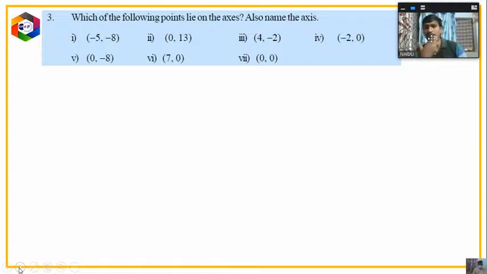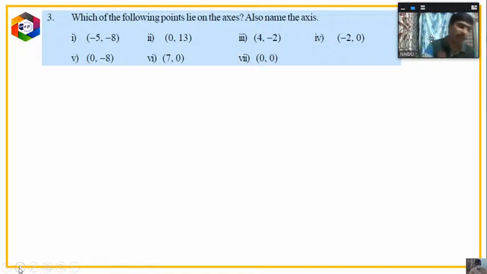So it is easy. The second one, since x value is 0, lies on the y axis, and the fifth one, x value 0, lies on the y axis. The sixth one, y value is 0, therefore it lies on the x axis, and 0 comma 0, as we know, is the meeting point of both x and y axis.